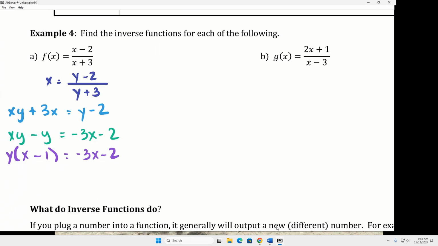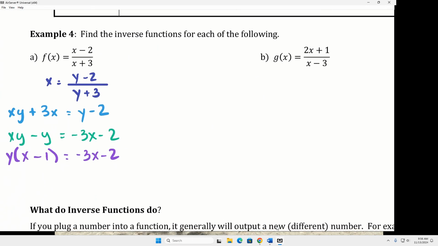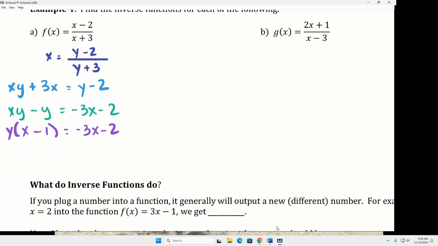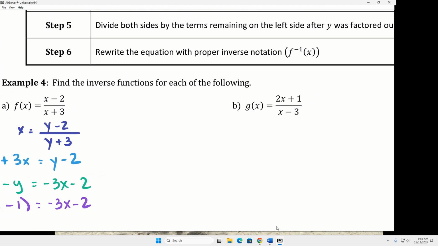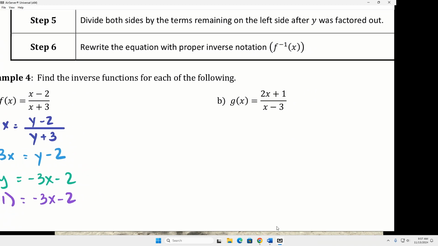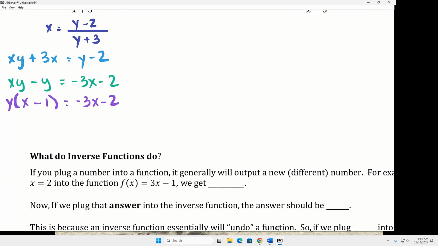All right, and then we want to solve this for y. So you can read the step, or we can just think about it. So this is y times this parentheses. If we want to get rid of that, what would we do with it? Not subtract it. We would divide by it, right? And so that's step 5. Divide both sides by the terms remaining after you factored out y.